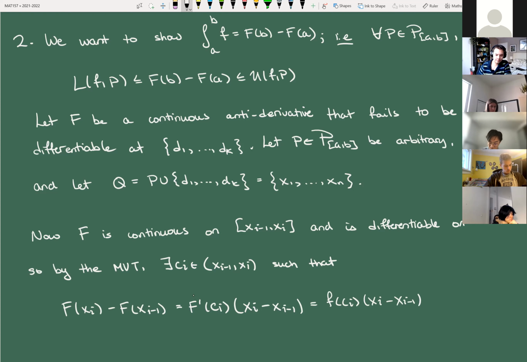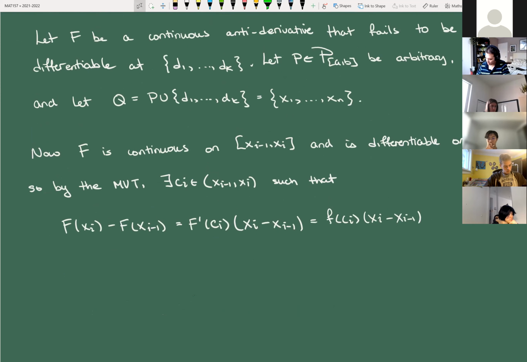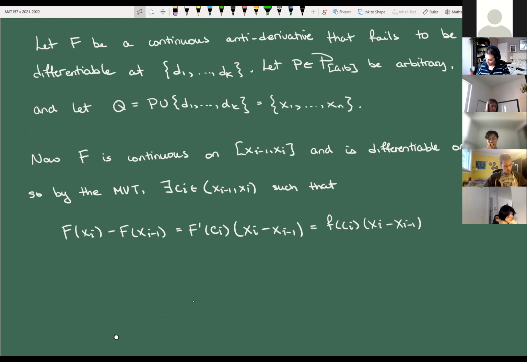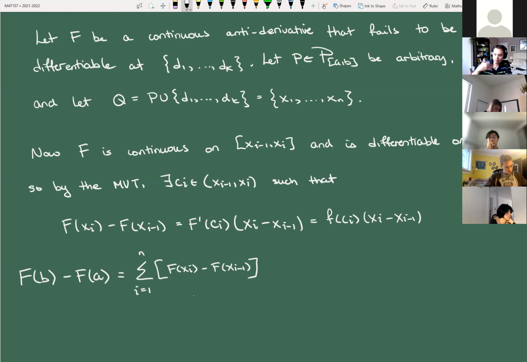I equals 1 to n, right? So if I sum from i equals 1 to n, the left-hand side is a telescoping series. Everyone agree with that? Just hopefully if you write out the first couple of terms, you see, yeah, it's just a telescoping series.